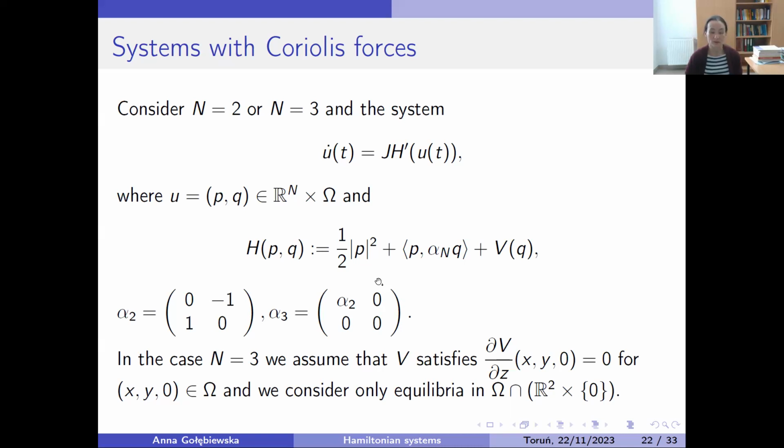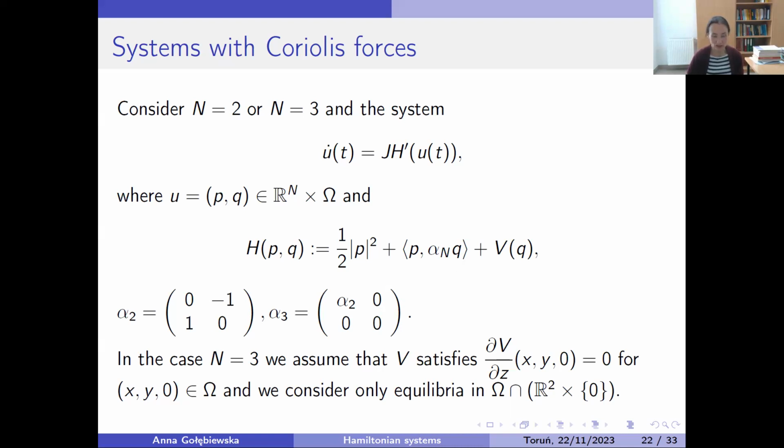We have the term depending only on momentum. Then we have the term which comes from Coriolis forces, this scalar product of P and Q with the matrix alpha. And this matrix alpha will be different in different cases.